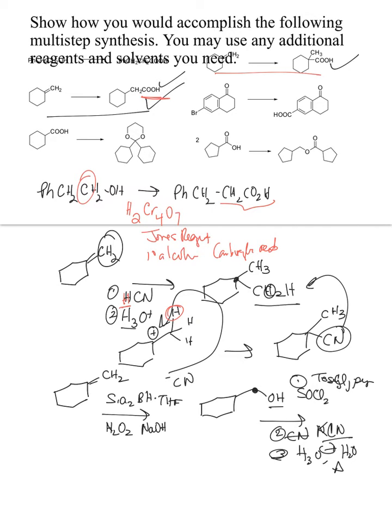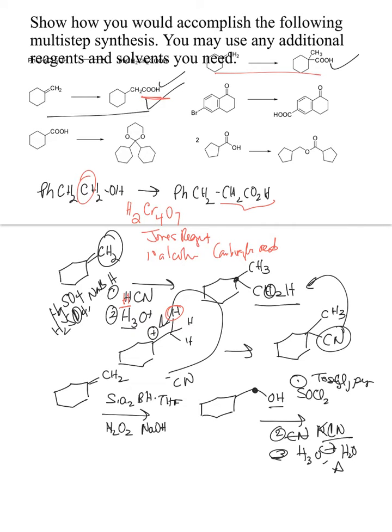Okay, the next one, I guess you could have made the alcohol using mercury sulfate, sulfuric acid, and sodium borohydride, and then done the same thing there.